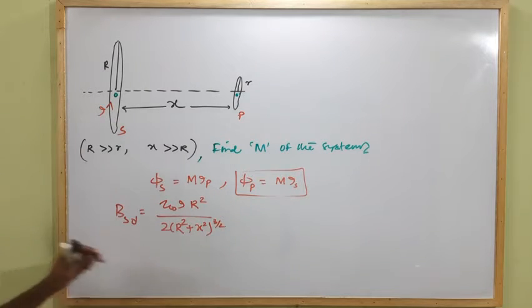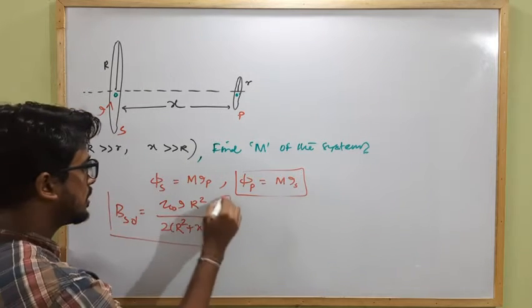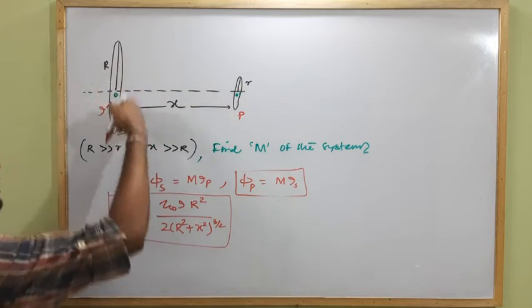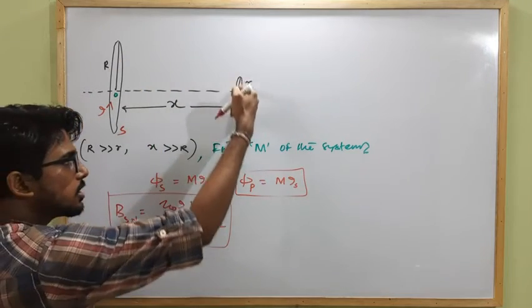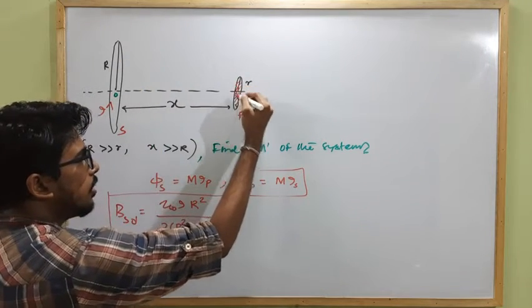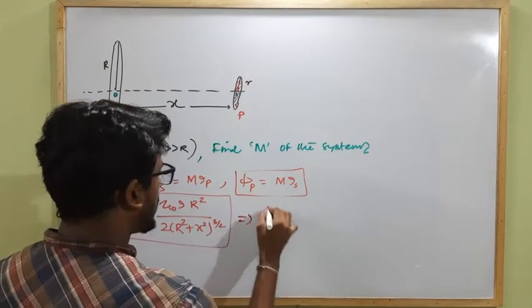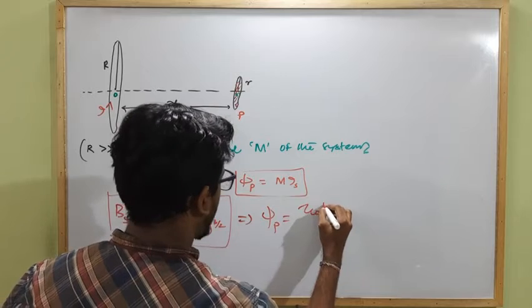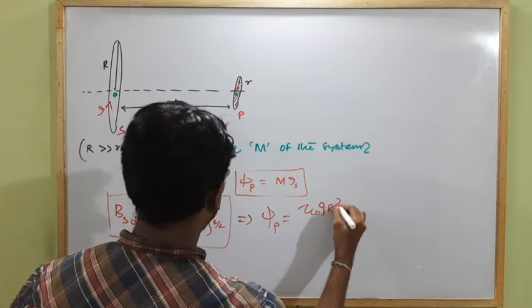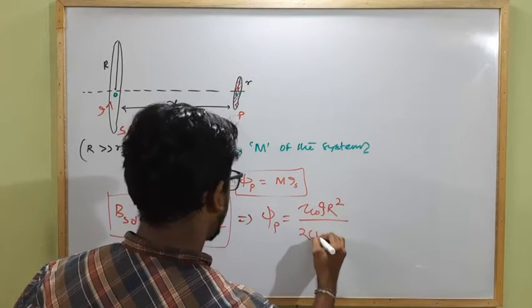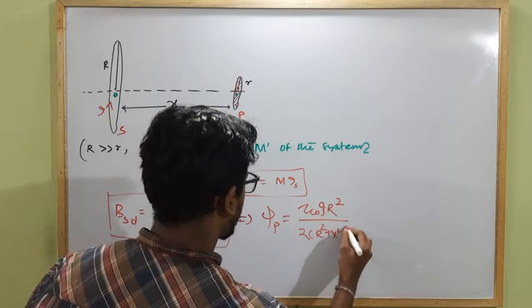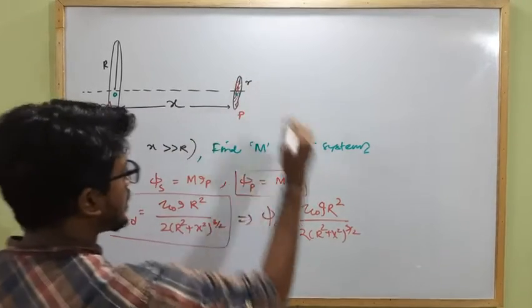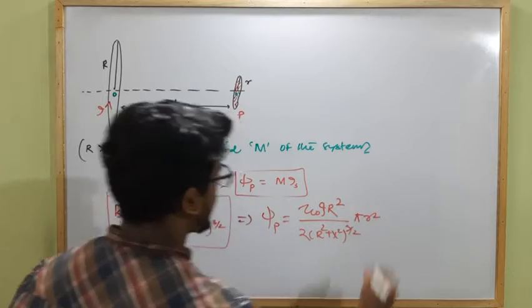So this will be the expression for magnetic field at point O dash due to this. So what is the flux linked with this small circular ring of radius r? So the flux linked with primary will be mu naught I R square divided by 2 into R square plus x square to the power 3 by 2 into area of this ring will be pi small r square.